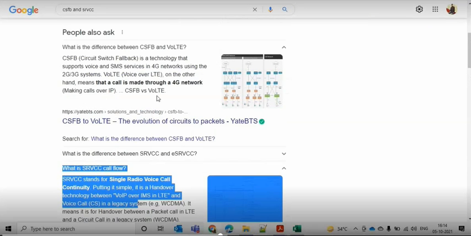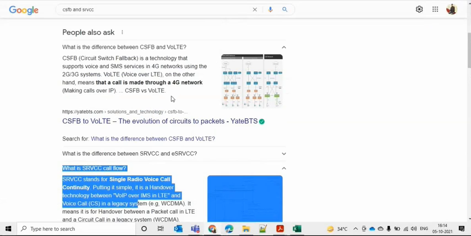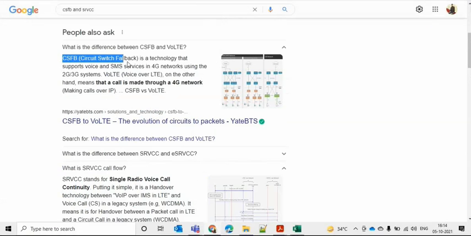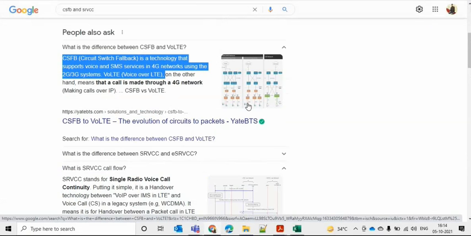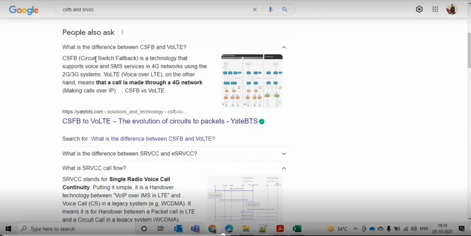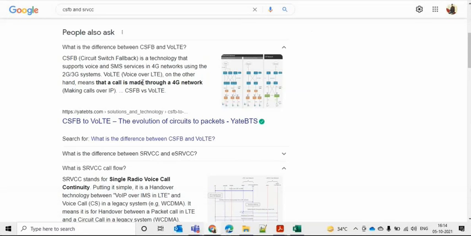And if I need to initiate a call where I do not have any 4G network, it will first go to a fallback situation. Fallback means going to the legacy system, 2G, 3G, whatever spectrum is provided by Airtel, Jio, or whichever operator. If not, there will be ICR sharing from the network.